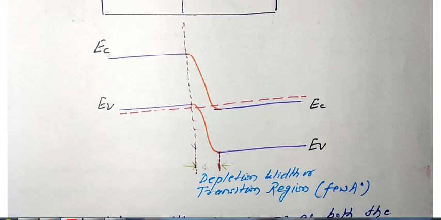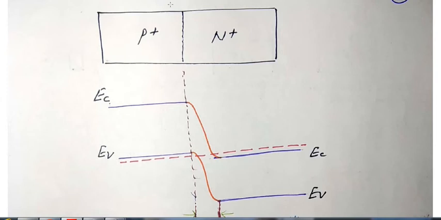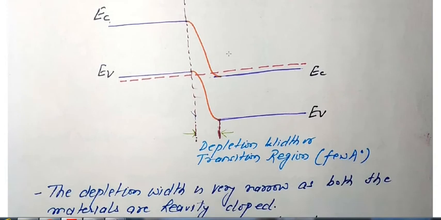So we can say in this PN tunnel diode, two important things are there. One is the heavily doped P and N type materials, and second thing is the very thin transition region or the depletion region. Now these two will play an important role in functioning of a tunnel diode.